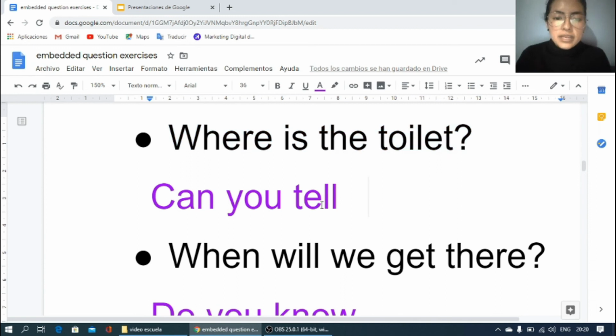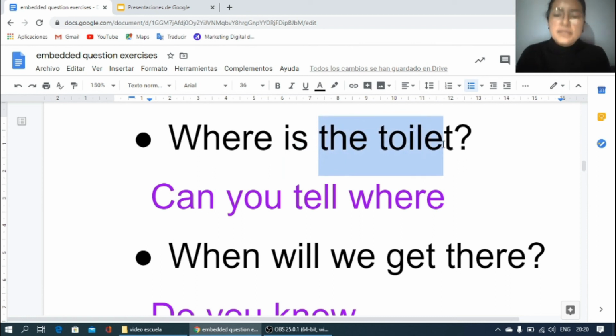Could you tell me? My introduction. Then the question, for example, you have to use the same: where. In this case, you have to put it like a sentence. Subject, verb, and complement, okay? Now, you have to put is. Is a subject? No. The toilet is a subject? Yes, very good.